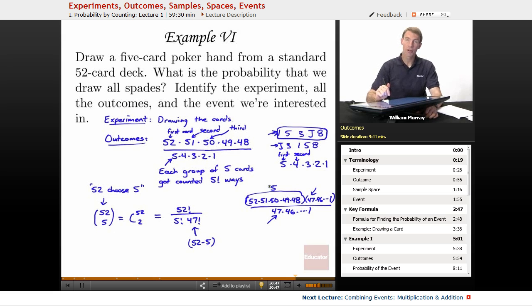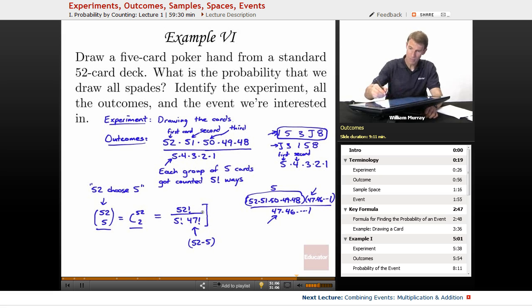So the number of outcomes here is 52 choose 5. This is our new notation, and the way you calculate it is as 52 factorial divided by 5 factorial divided by 47 factorial.